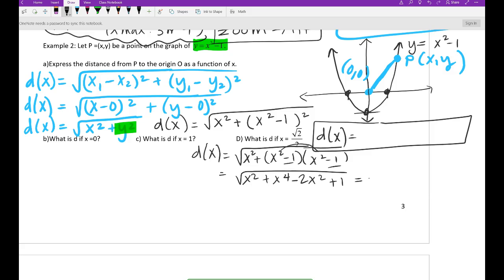Okay, so now this radical, I'm just going to bring down the x to the 4th. These two can be combined as what? Negative x squared, right? My bad. And then plus 1. Anything I can do? That's as far as you can go. Wouldn't you agree? Okay, so that's my final answer.